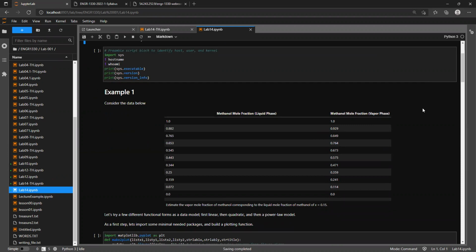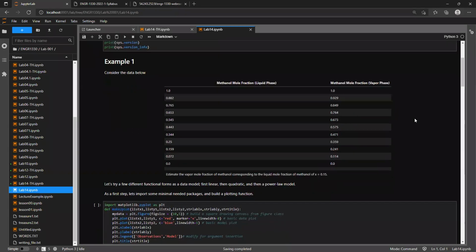Let's look at the data we've got here. It's going to be a simple y versus x kind of data. We've got a fraction of the methanol mole in the liquid phase, and we have the same measurement in the vapor phase.